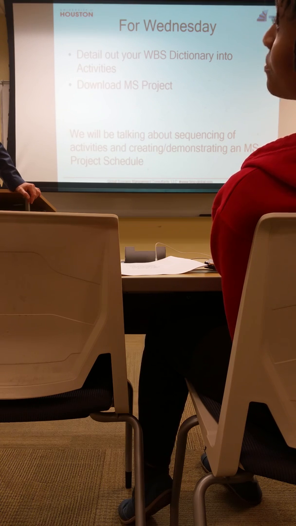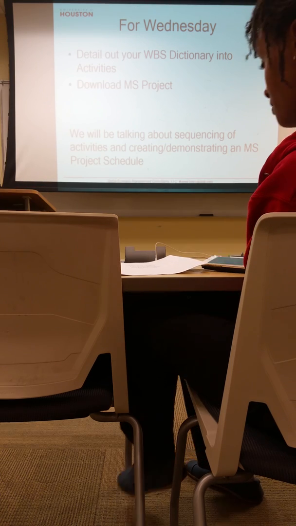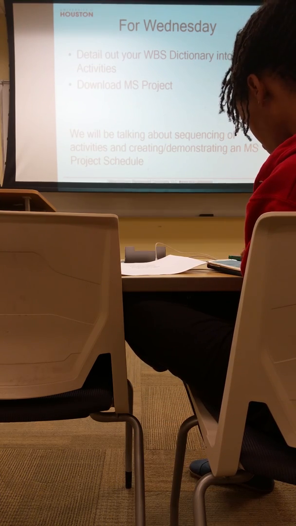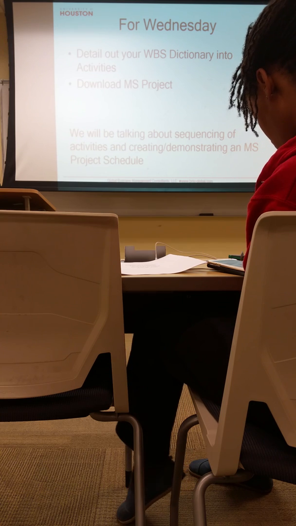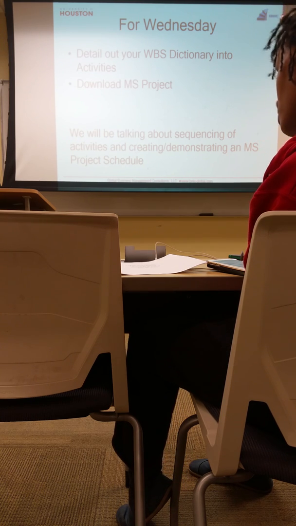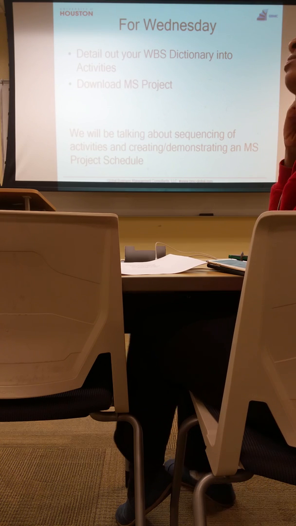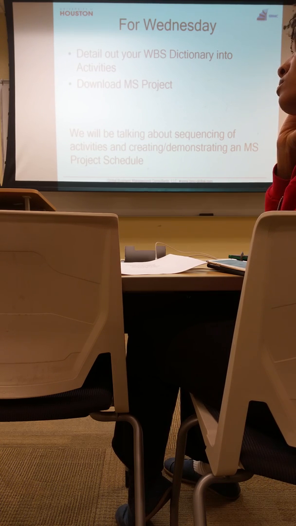Other questions? On Wednesday, what I'm going to do is actually walk through this process of the activities, putting them into Microsoft Project, developing the Microsoft Project, and then some of the features of Microsoft Project. There's some really cool features. One of them is a resource sheet where you put all your resources in, your names of your people.